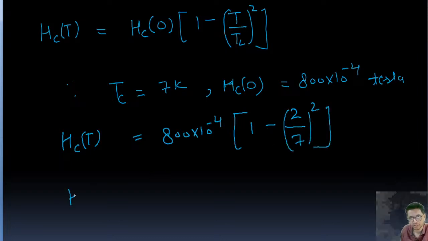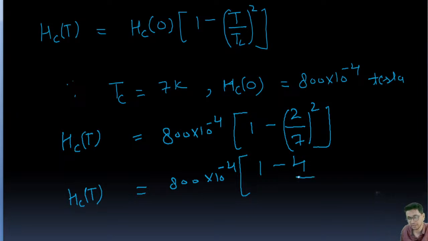Okay, so we'll solve it. This is going to be 800 into 10 to the power minus 4 into 1 minus 4 upon 49, right?